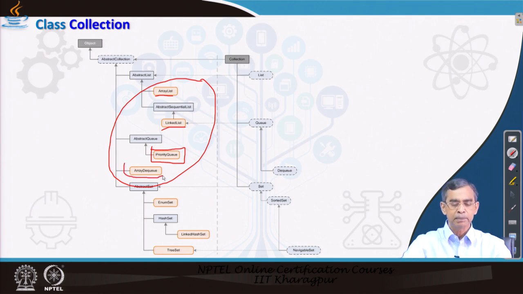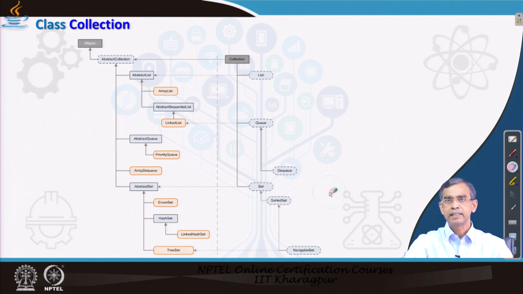ArrayDeque represents the queue in the form of an array, with the restriction that insertion and deletion can be done only at the ends, not from the middle. So, these are the different classes declared, and we shall discuss all these classes from a data structure point of view, then their implementation, and how they can be managed using the Java collection framework.